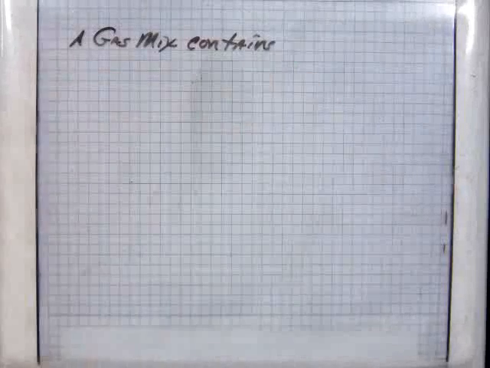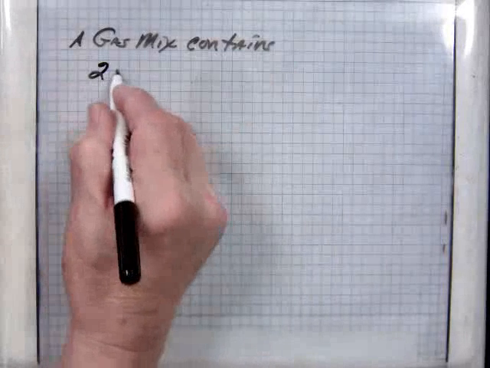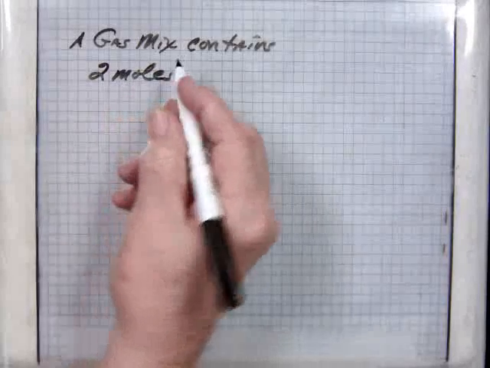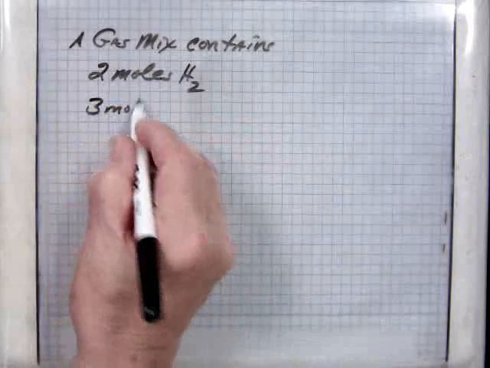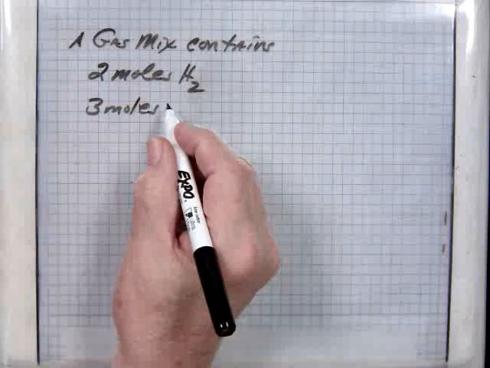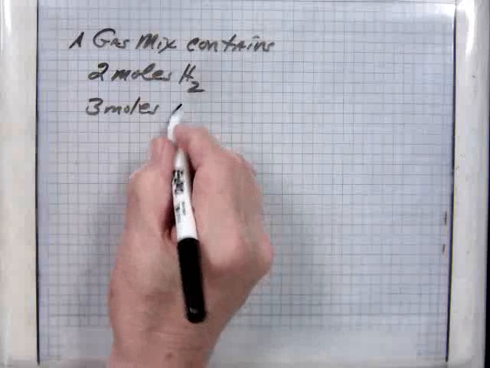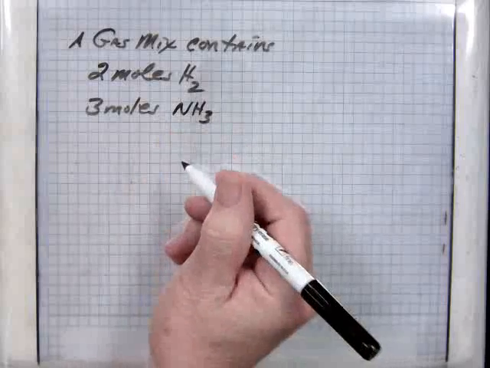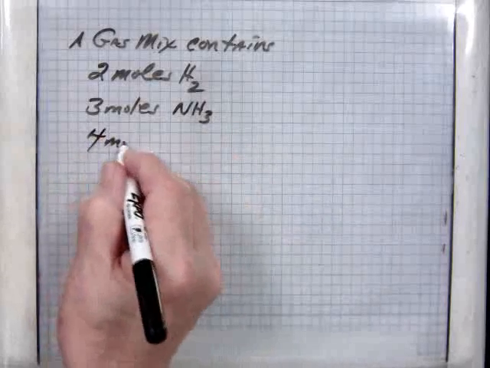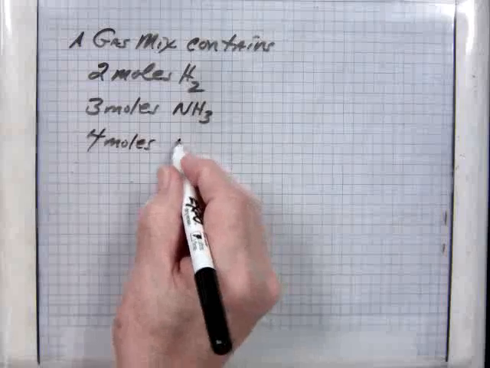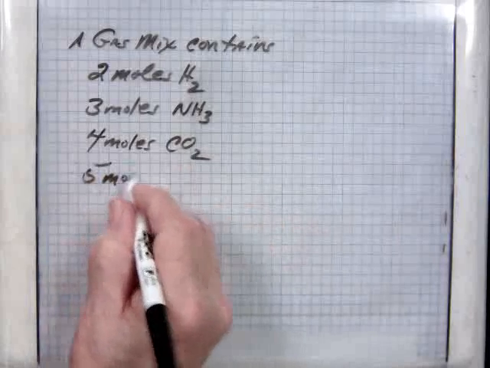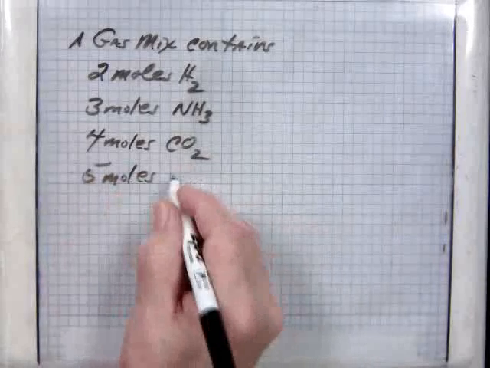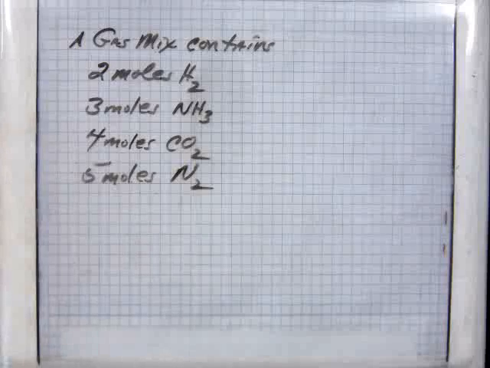A gas mix contains 2 moles hydrogen gas, 3 moles ammonia, 4 moles CO2, and 5 moles of N2.